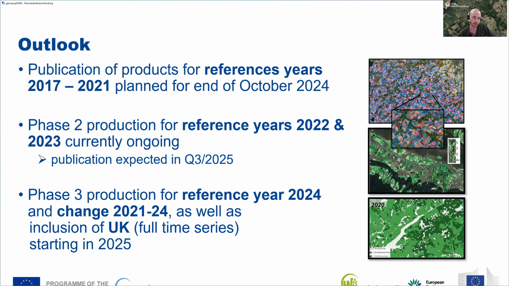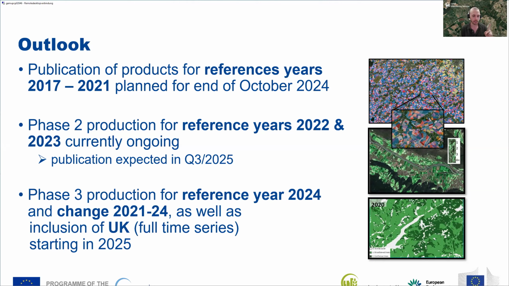So 22 and 23 is being processed, and we are also setting up the publication expected in about a year. And then we're also setting up now the processing of reference year 2024, which we will see publishing probably at the start of 26. So that's where we're starting to close in on our N plus 12 months.